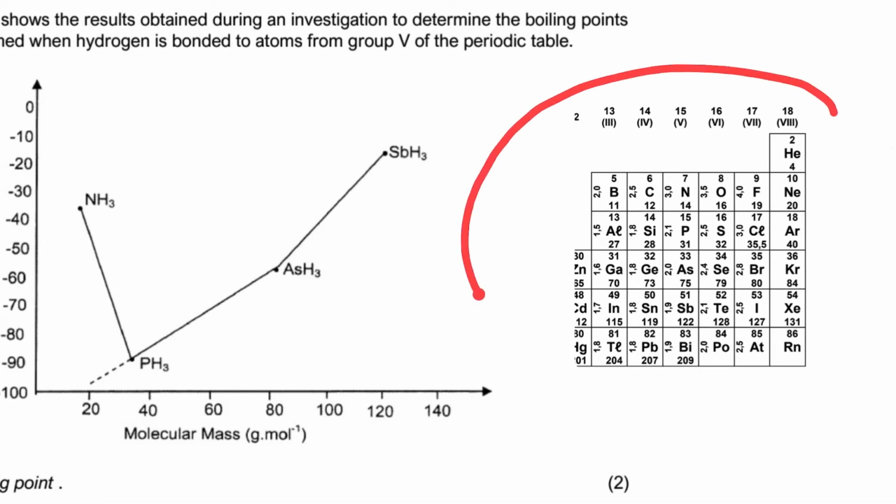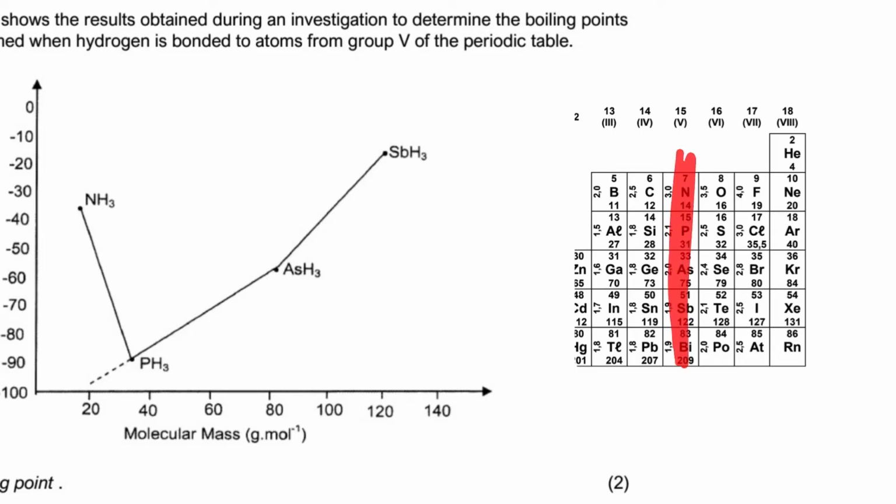Guys, I took a screenshot of the periodic table, which is group 5 here. So these elements are from group 5, and hydrogen is bonded with them. If you look there, there's nitrogen, phosphorus, arsenic, and Sb, which is antimony.